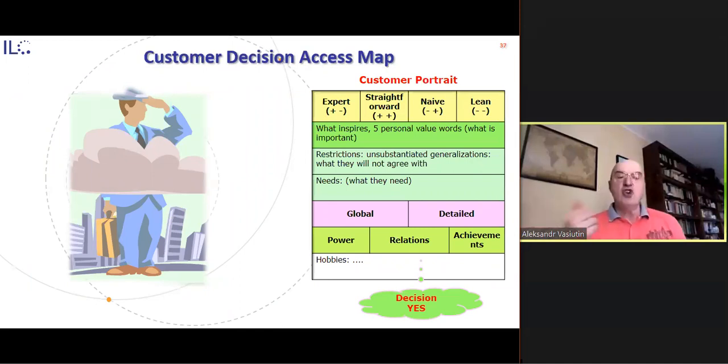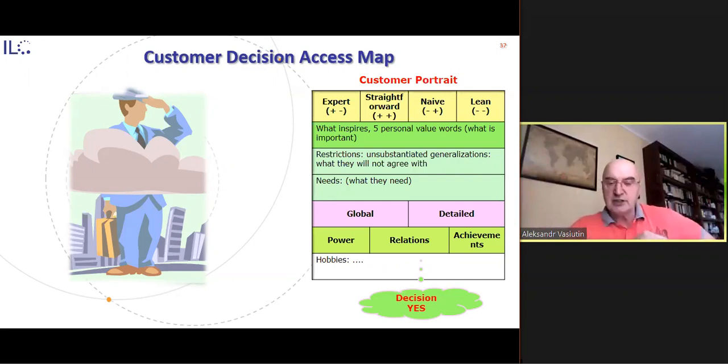When a person starts speaking, what does he say first of all? He says what is important. So you ask him a few questions and you get 5 value words. You may write down or remember them and then integrate them into your speech, into your presentation.